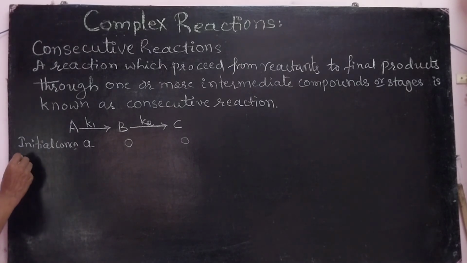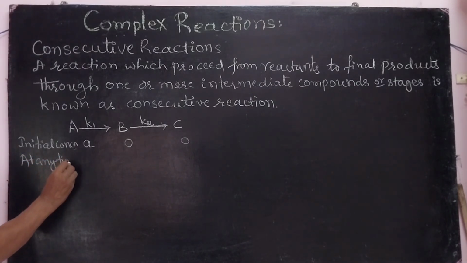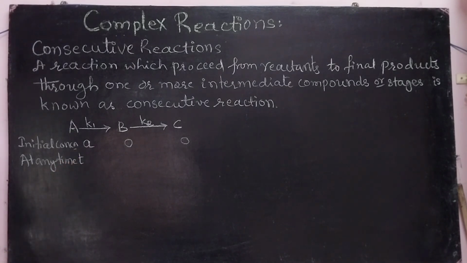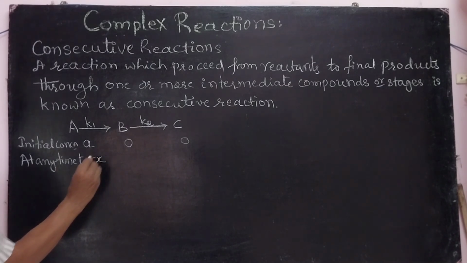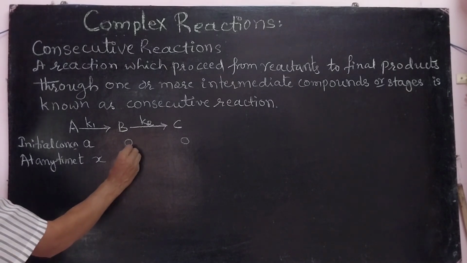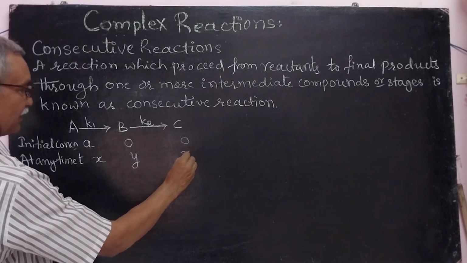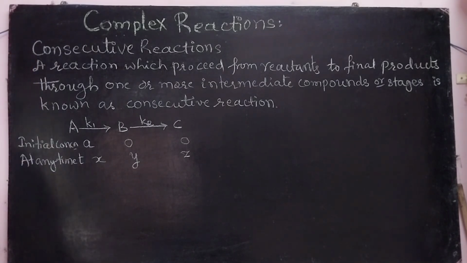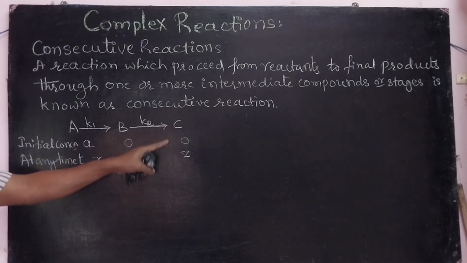At any time t, the concentration of A becomes X. Instead of taking A minus X, we take here X. And the concentration of B is Y and the concentration of C is Z.